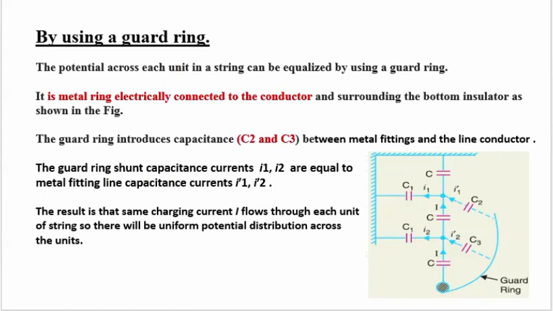Next technique is using the Dahlgren. In this diagram, as you can see, this Dahlgren, which is connected with the conductor, offers this capacitance between the insulation plates or insulation disc and Dahlgren, and this capacitance C2 will balance the capacitive effect of C1, and the capacitance C3 will balance the capacitive effect of C1.